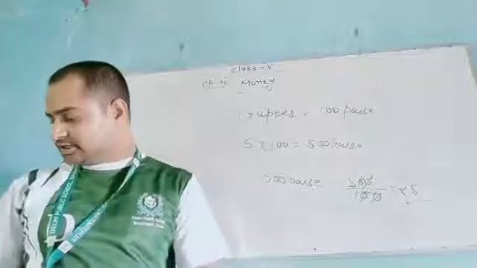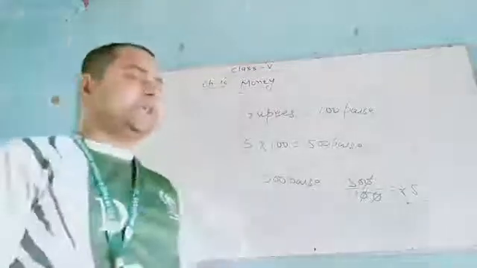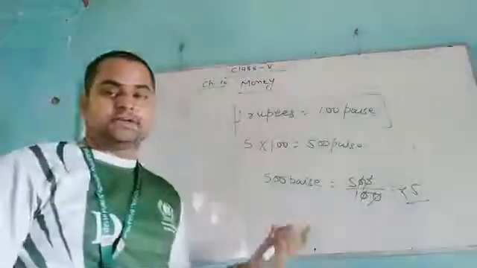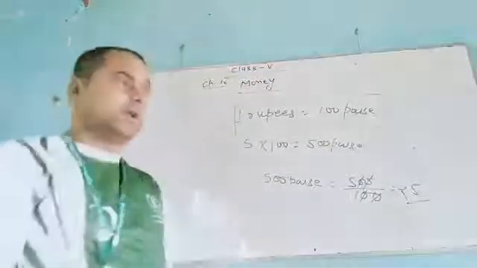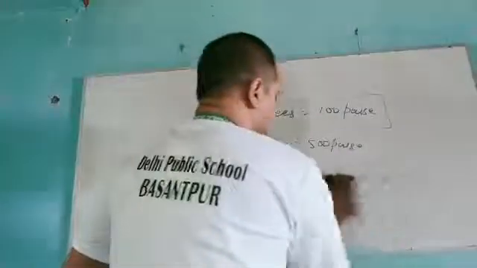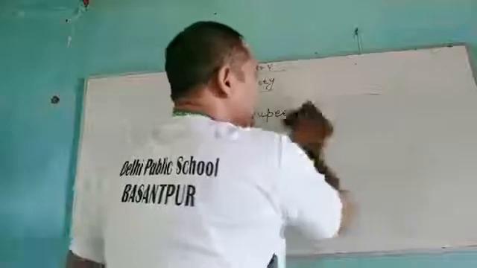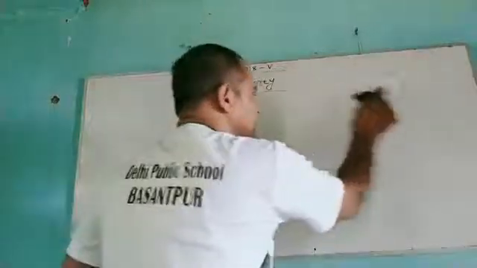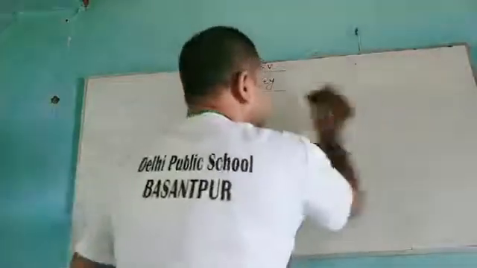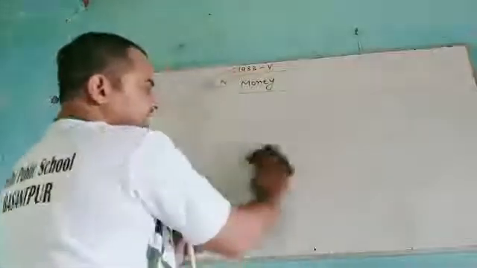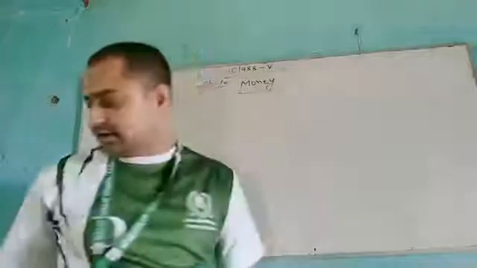You convert this rupee and paise, but same, paisa add to paisa and rupees add to rupees. Okay, students. Paisa add to paisa, same number add and same sign add.